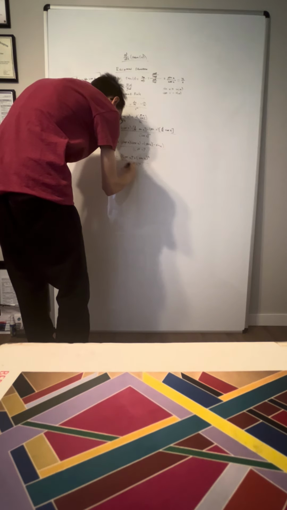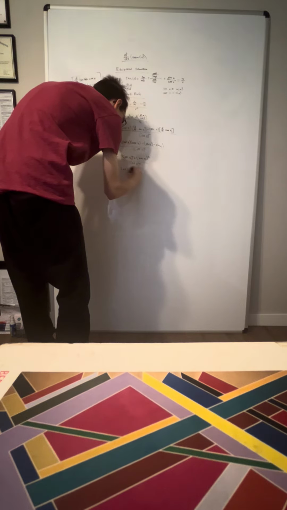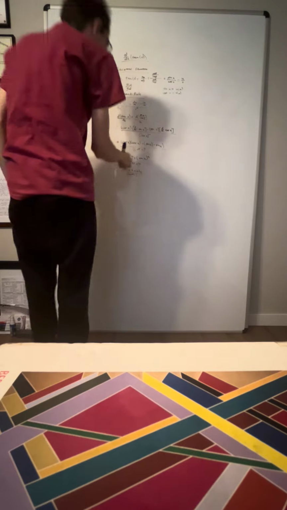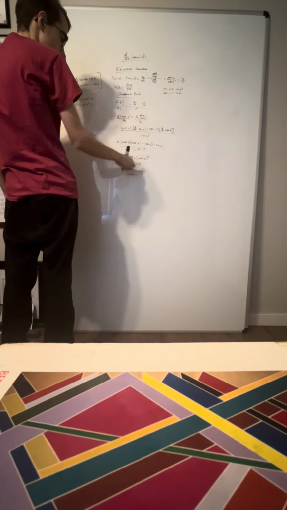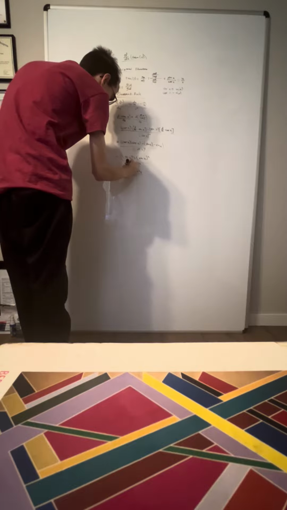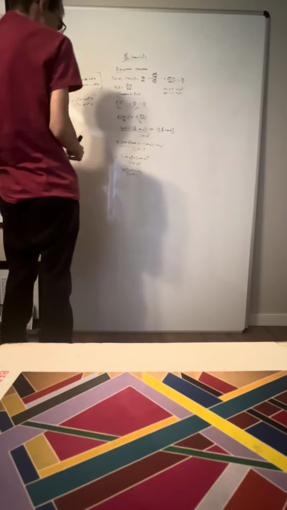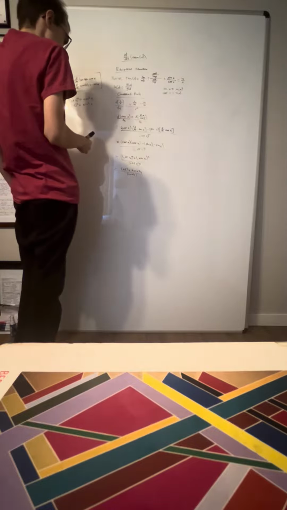So this equals cosine squared x plus sine squared x divided by cosine squared x. But notice how in the top part here, this should look very familiar to you, because I did a separate video about this.